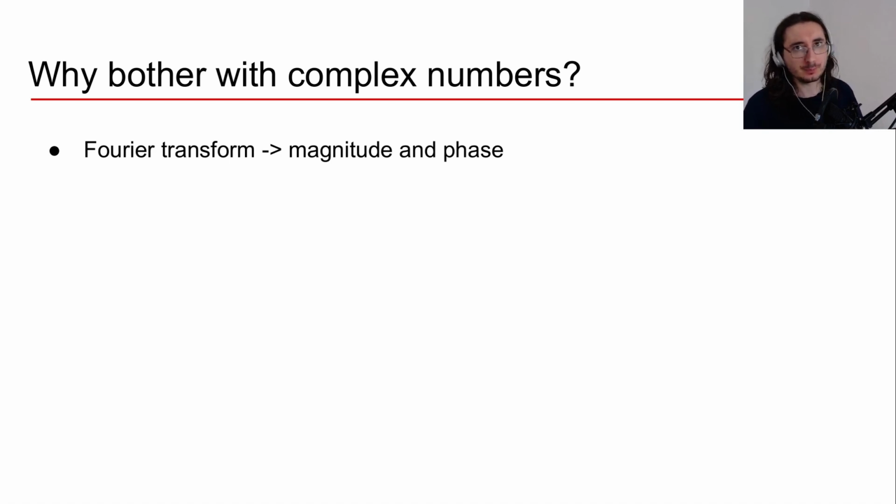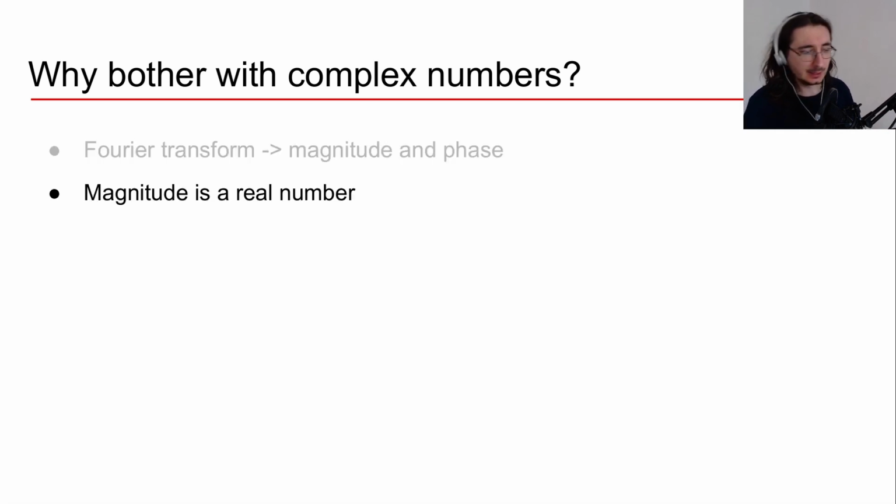And these two parameters are the magnitude and phase. Now, magnitude is a real number, and if we are just interested in looking at the magnitude spectrum of a complex sound, well, we really don't need complex numbers at all. But if we want a deeper understanding of the full Fourier transform, and we want to factor in also the phase, now we have a problem.